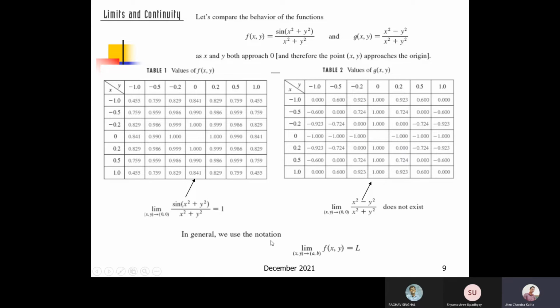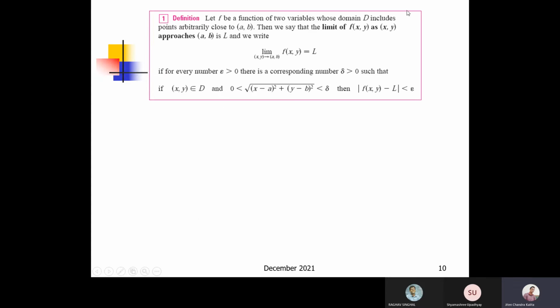This notation is used to denote the limit of a function of two variables at the point AB as xy tends to AB. We say that the limit is L, and this is the definition. Let f be a function of two variables whose domain D includes points arbitrarily close to AB.